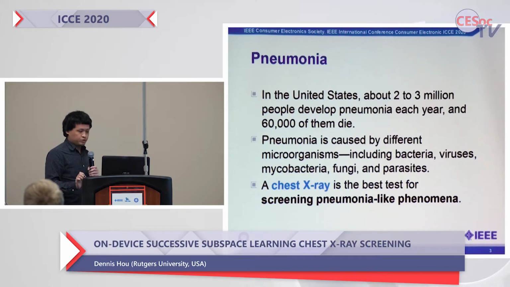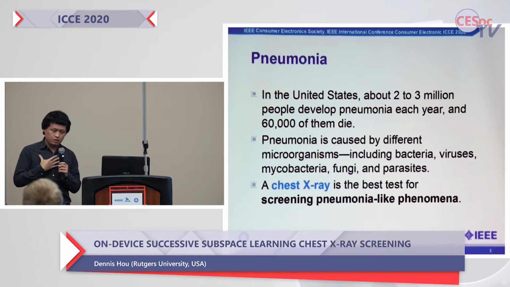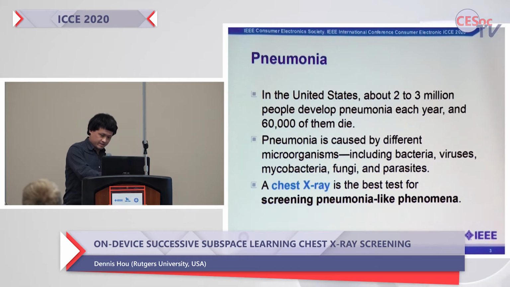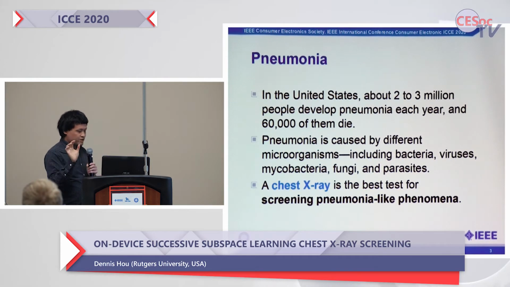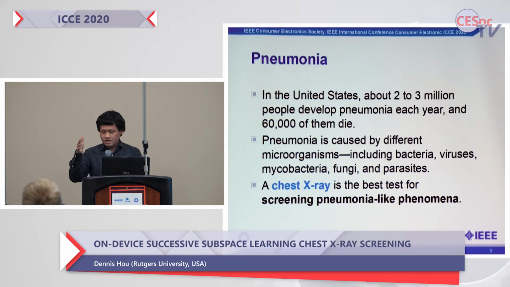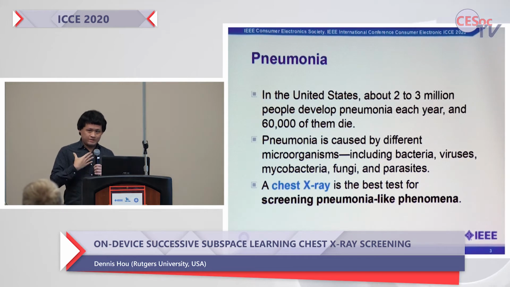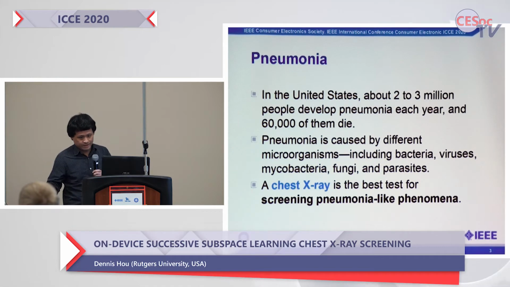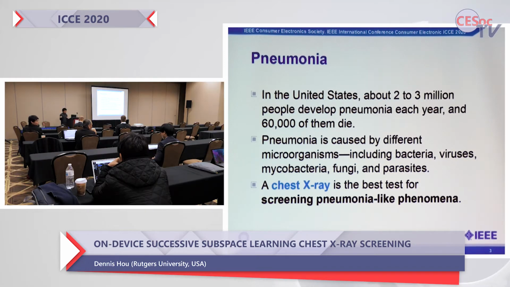And the gold standard right now for diagnosis is still the chest X-ray. But I want to emphasize this phrase at the bottom, pneumonia-like phenomena, because properly speaking, pneumonia is only when you have an infectious agent. There are many kinds of conditions that look like pneumonia from an X-ray perspective. Pneumonitis could be caused by workplace things like silicosis, vaping, drug interactions, things like that.